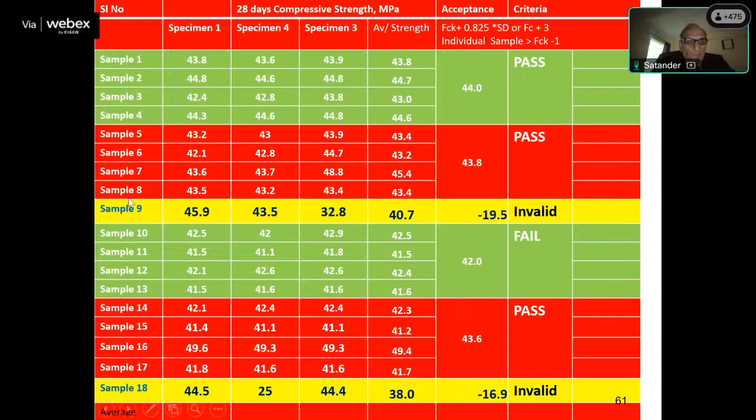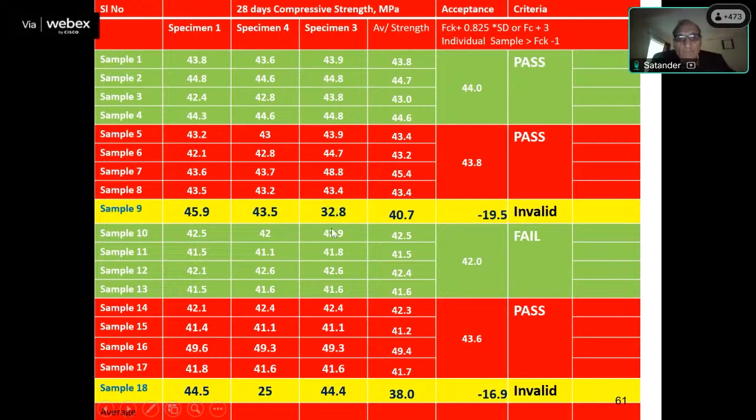If you see the yellow portion, samples 9 and 18, this value 32.8 is 19% less than the average. It means this is not rejected. This is invalid. What is the meaning of invalid and rejected? Invalid means when 2 samples are giving more than 40, how can one give 32 only?